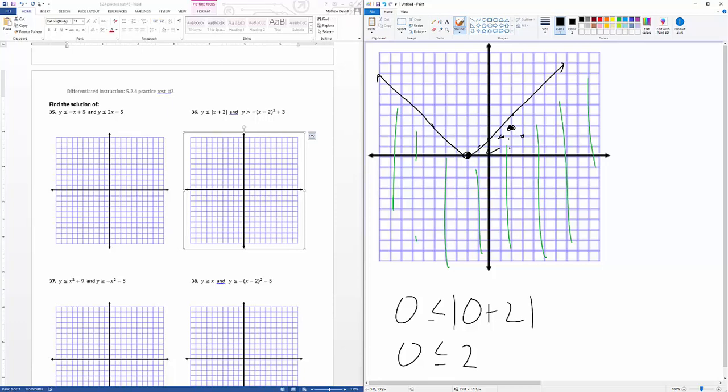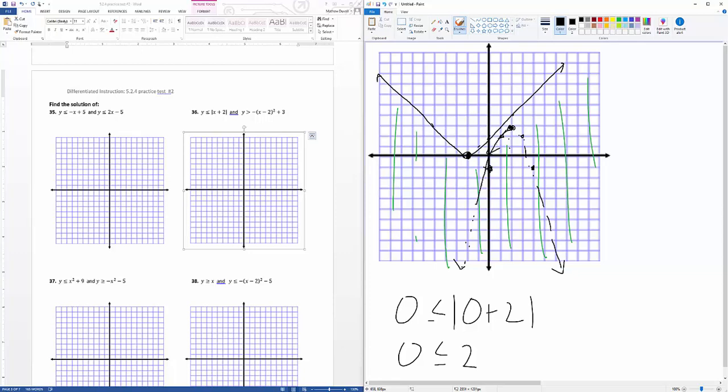If I plugged in 0, you're going to get -1. So do your best to kind of draw them at least a little accurately here. And then it's a dotted line. Wow, this computer did a terrible job trying to draw it dotted. There you go. That looks really bad.